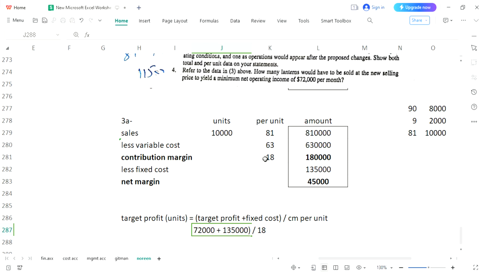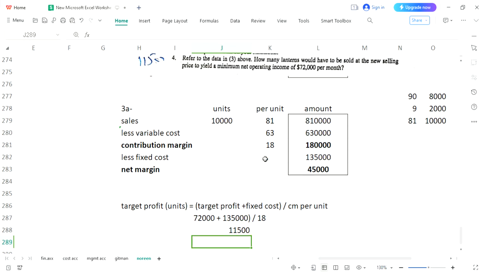Alright, statement completed. Now put it in your formula. First was 72,000 target profit, add 1,35,000 as your fixed cost. Now divide it by CM per unit, which is 18. So in this way you have calculated your target profit units. What does that mean?